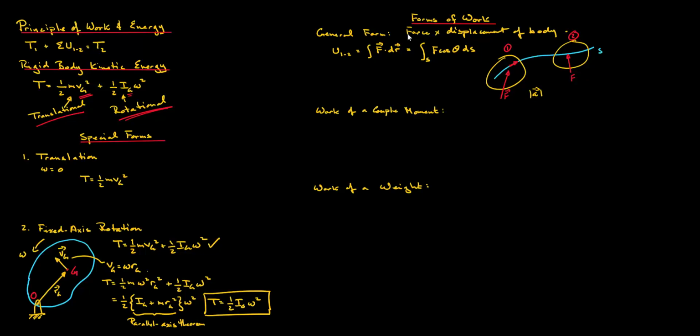And so again, recall that the dot product of two vectors, A dotted with B, is equal to the magnitude of A multiplied by the magnitude of B multiplied by the cosine of theta. Okay? And this is precisely what we have over here.